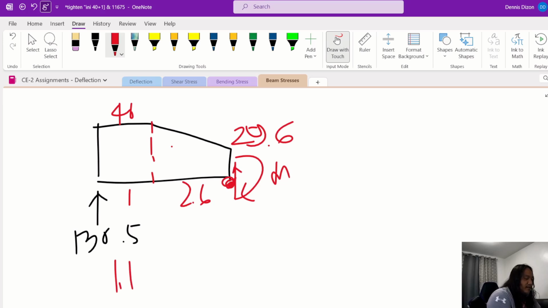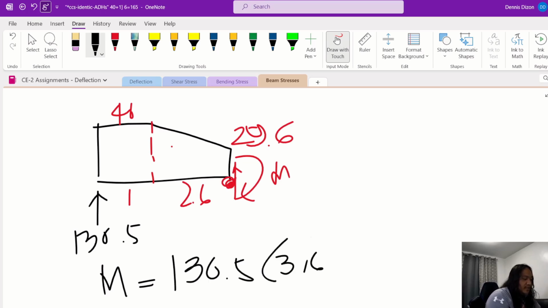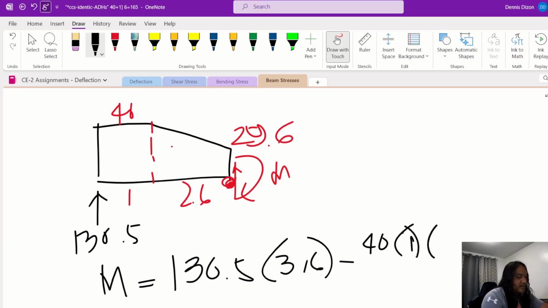So moment there is, moment is equal to 130.5 times 3.6, minus 40 times 2.6 plus 0.5, 40 times 1, then moment arm is 2.6 plus 0.5, 3.1, and then minus the trapezoid.